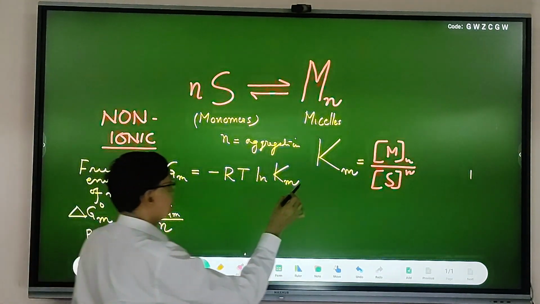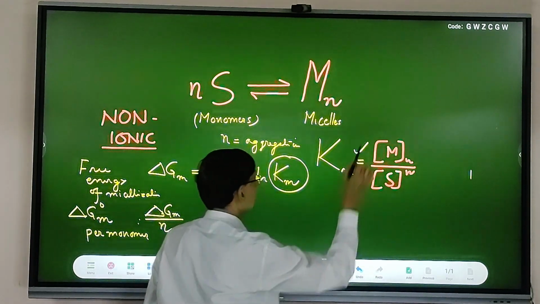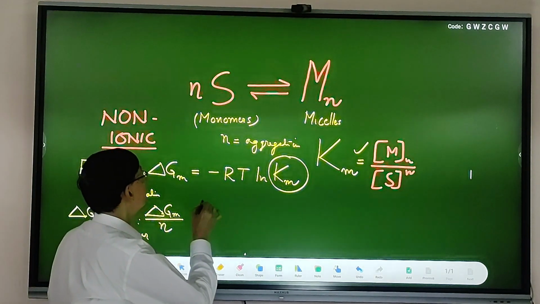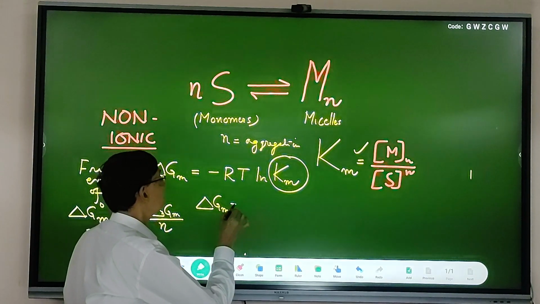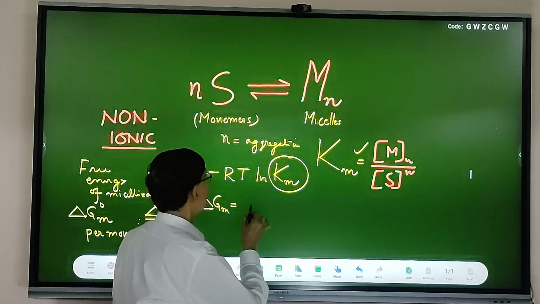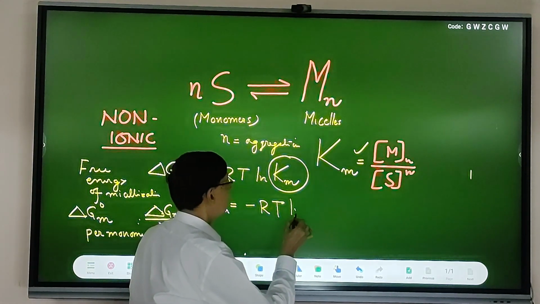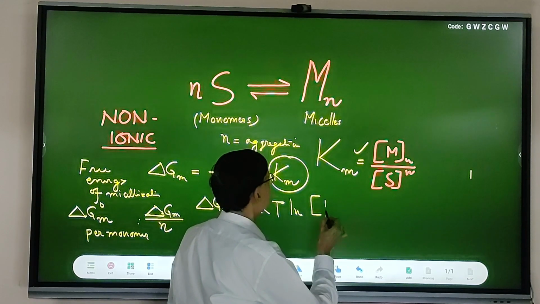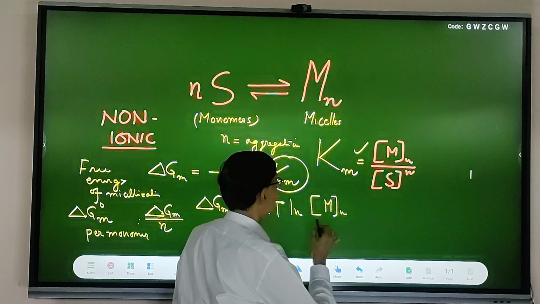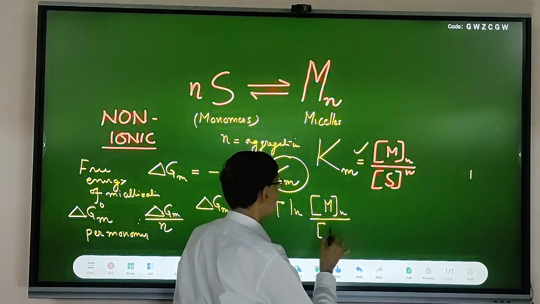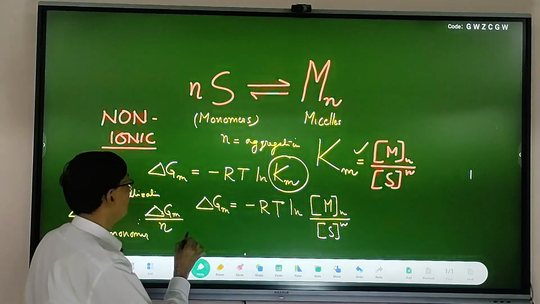Okay. So now I have to substitute the value of Km from here. So I can write delta G M is equal to minus RT natural log of M over S to the N, and you can write like that also. Or I can write like that.